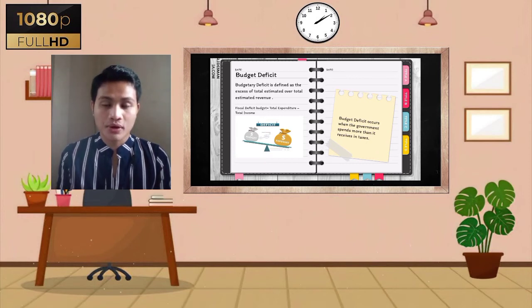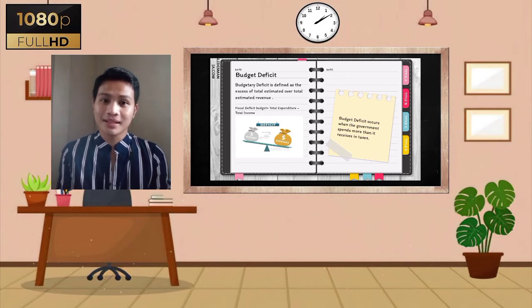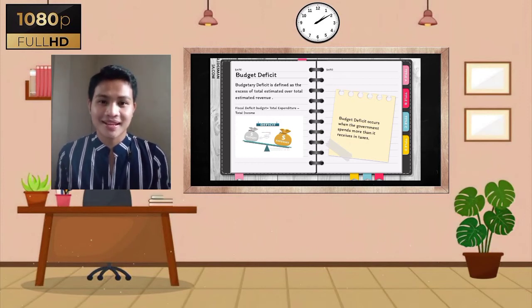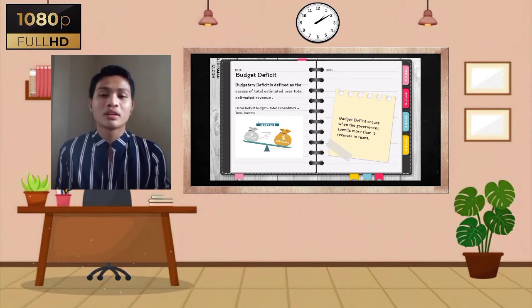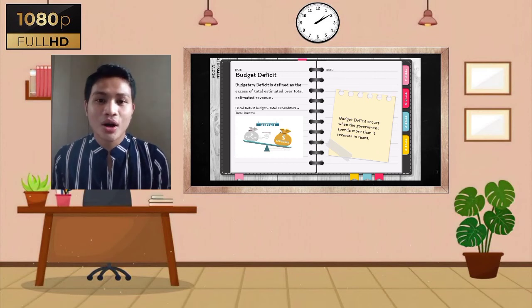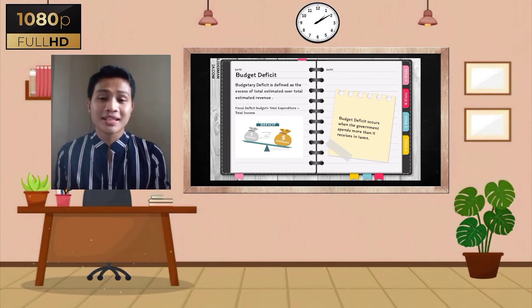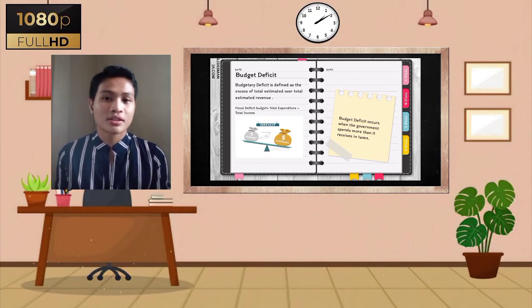An example is what we are experiencing today. Our government has an emergency fund, but it isn't enough. So the solution for this is to borrow money from other countries just to supply the lack of our materials in hospitals, such as the equipment of the doctors and nurses.